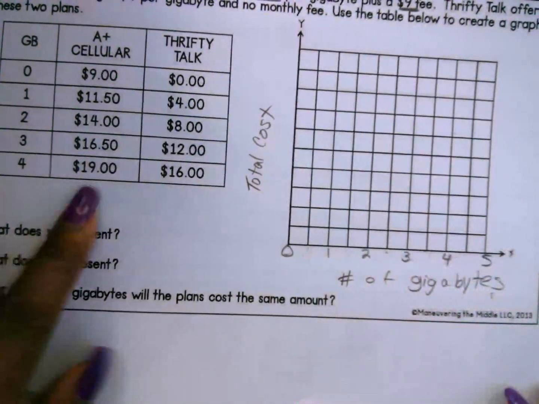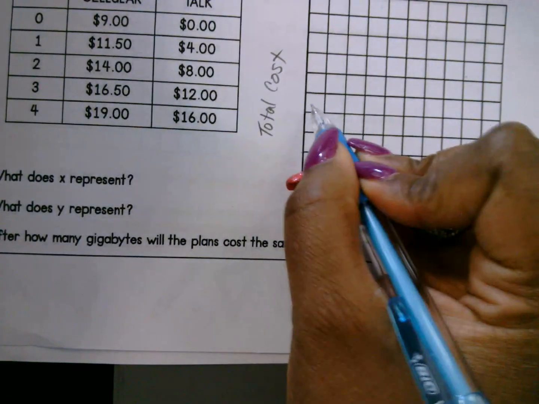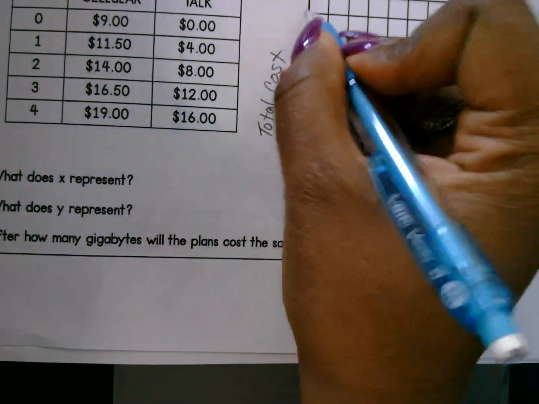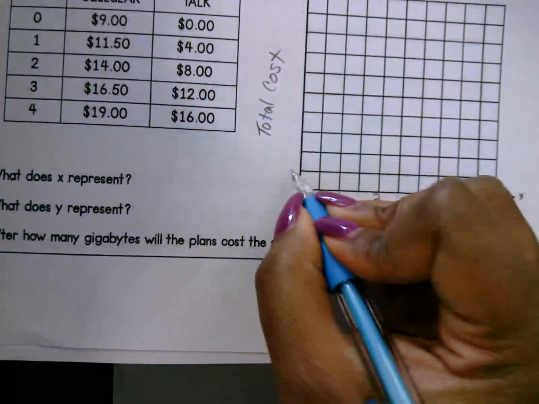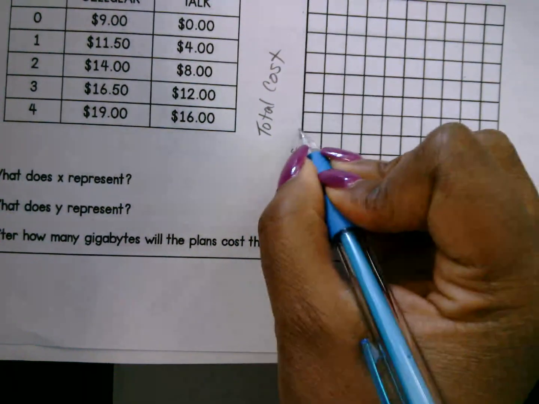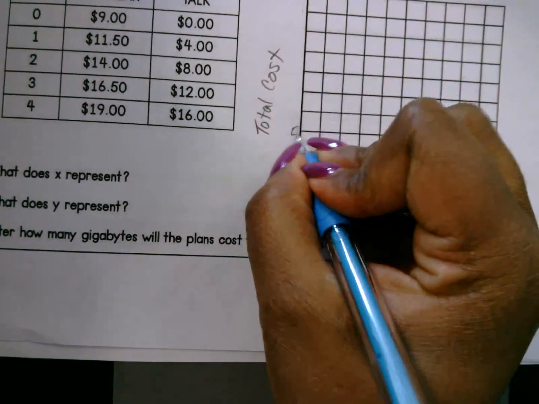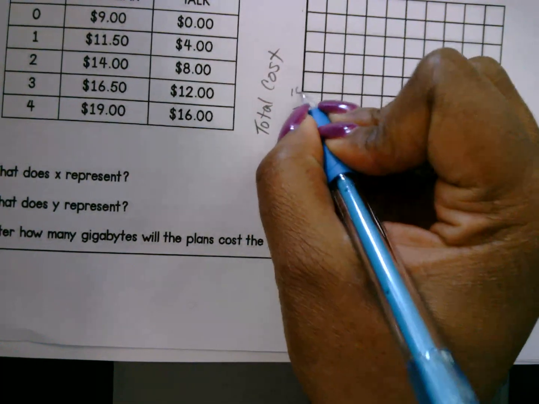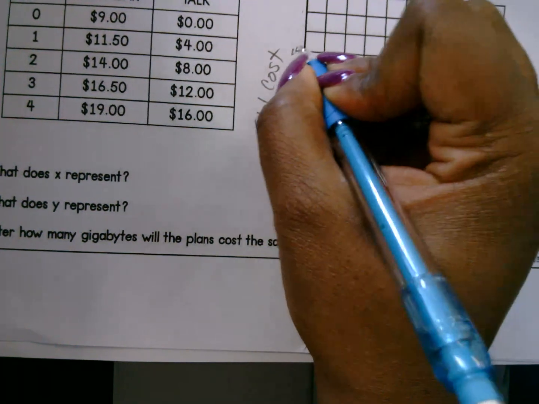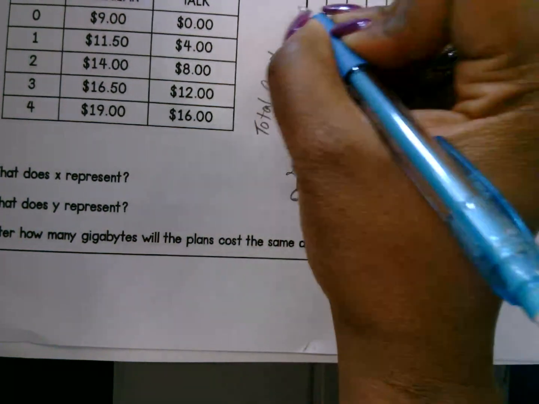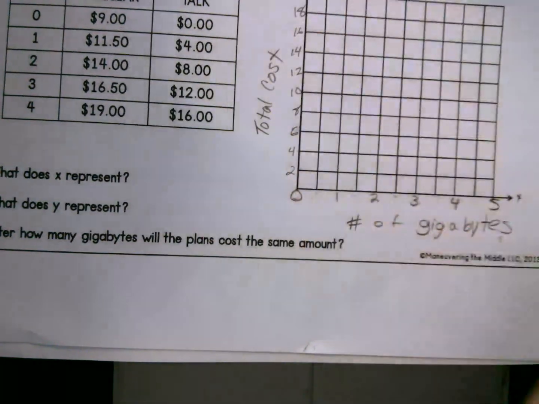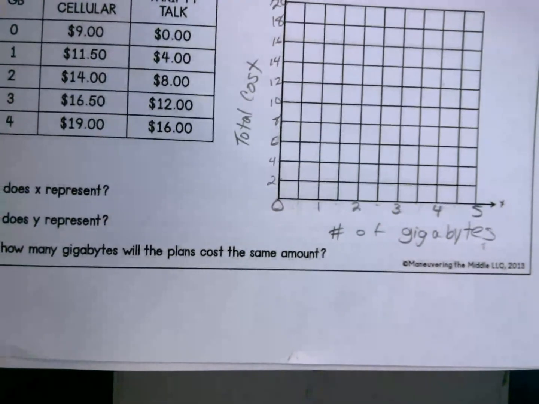And you got to go all the way up to looks like maybe $20 at most. 1, 2, 3, 4, 5, 6, 7, 8, 9, 10. So I can go up by twos. $2, $4, 6. I skipped one. 8, 10, 12, $14, $16, $18, $20. Okay. And then I can graph.